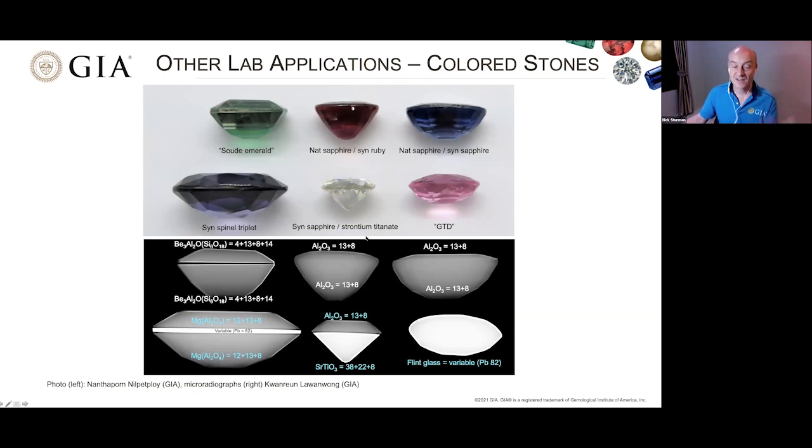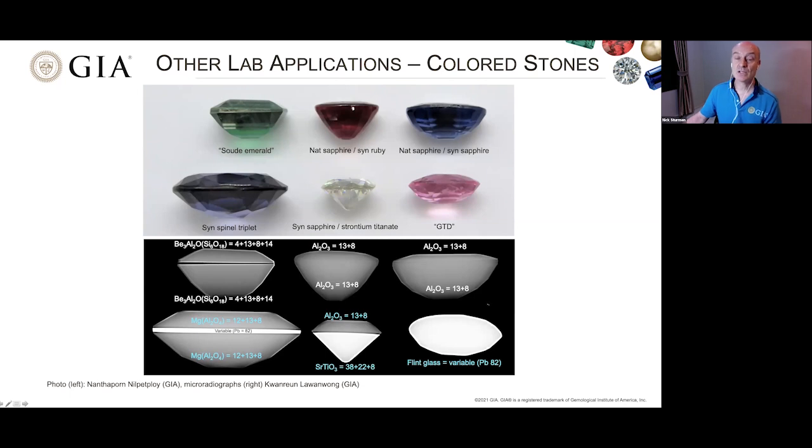So when you see in the face up direction, it wasn't so easy to see. But when you turn the stone sideways, you can very readily see the differences in the X-ray transparency of these materials. So here, for example, in this synthetic spinel triplet, there is a central material which is opaque to X-rays, whereas the synthetic spinel either side allows X-rays to pass through more readily.